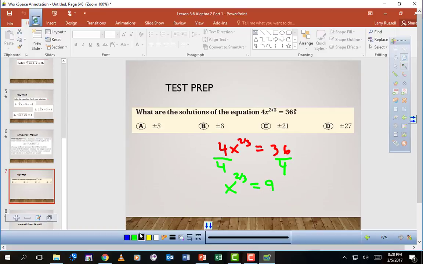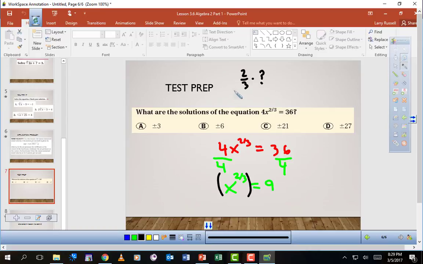And so what I want to do now is get rid of this 2/3 exponent. Well, the way you do that is to raise this to an exponent. Remember, when you raise an exponent to another exponent, you end up multiplying the exponents. So we want to take 2/3 and multiply it by some fraction that's going to cancel out the 2/3.